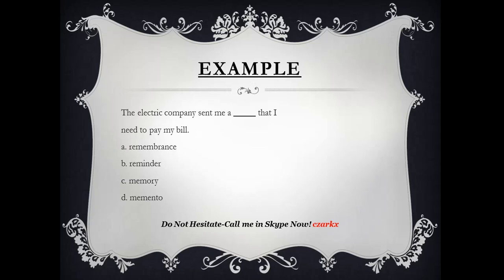All right, so in this case, we could see them as two different pairs of similar choices. So it's either going to be remembrance or reminder, one of these two the correct one, or memory or memento, one of these two the correct one, which means we may decide with the use of strategy number 4 again, that is the use of the root in this case of the word, if we don't know the word exactly, which of the two pairs are incorrect and eliminate them immediately, right?